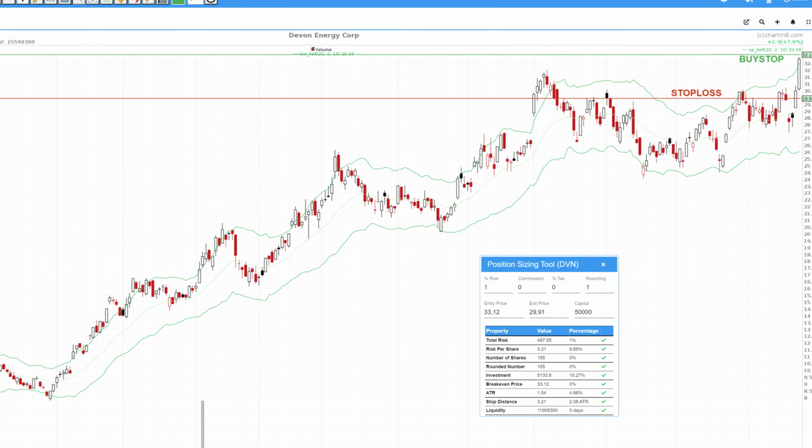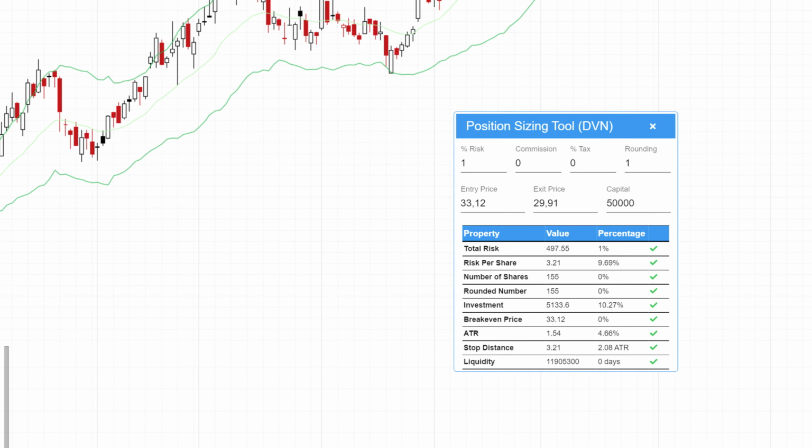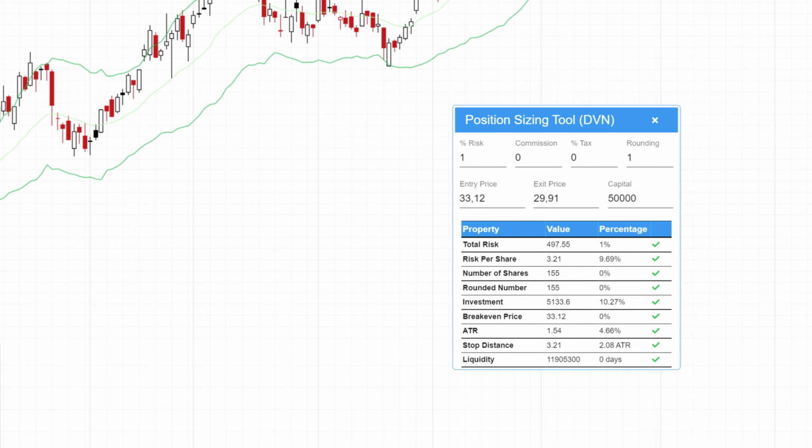In this example, I have visualized the position sizing tool, set to a trading capital of $50,000 and a risk percentage of 1%. Entry at 33.12, stop loss at 29.91. The position sizing tool then automatically calculates a number of values.